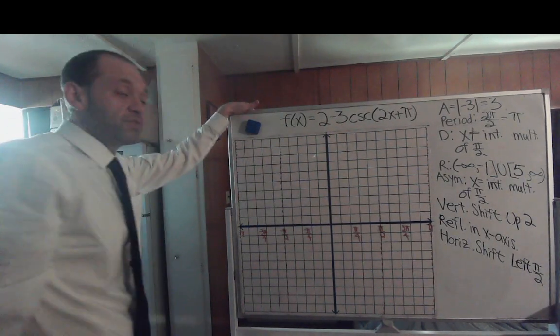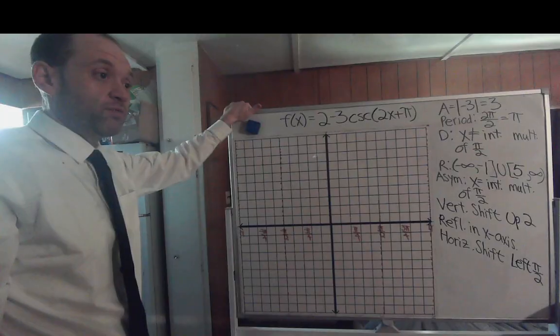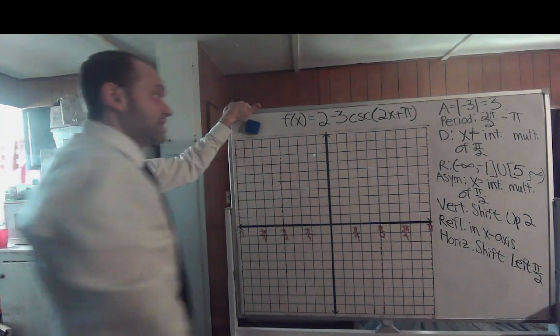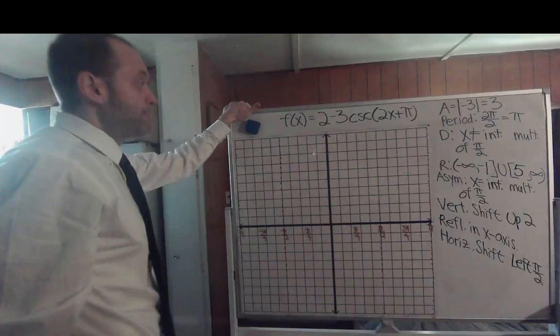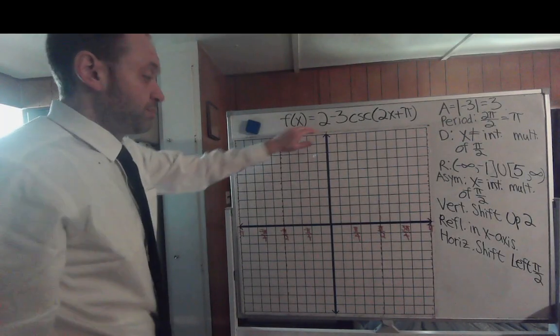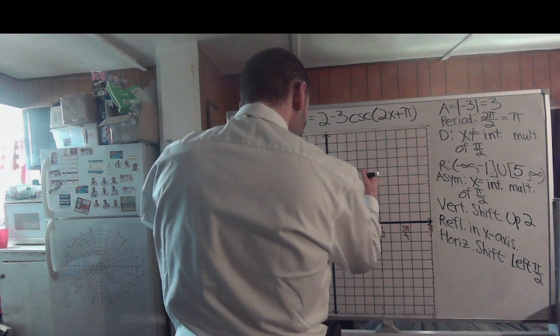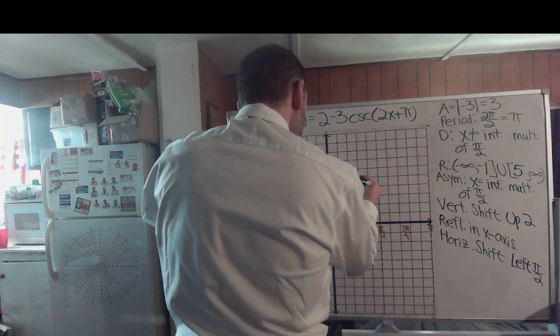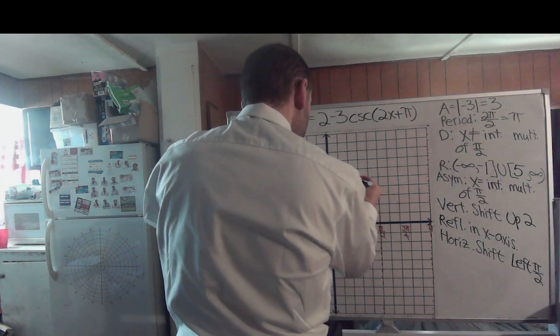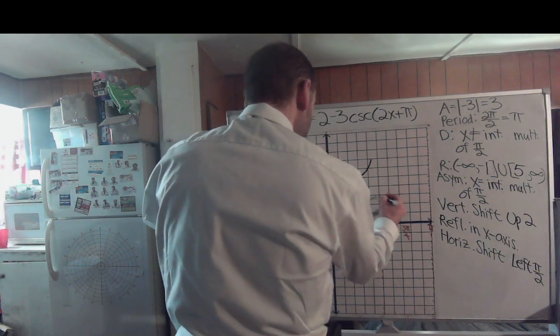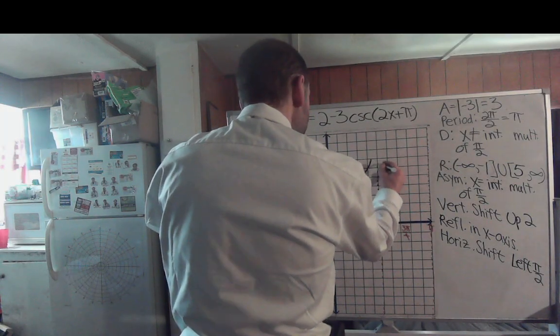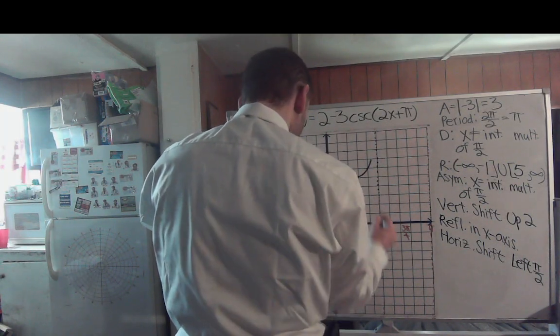The cosecant of 3 pi over 2 is normally negative 1. If you take that times negative 3, you'll get positive 3 plus 2 is 5. I didn't even finish that asymptote. I thought I did. There we go.